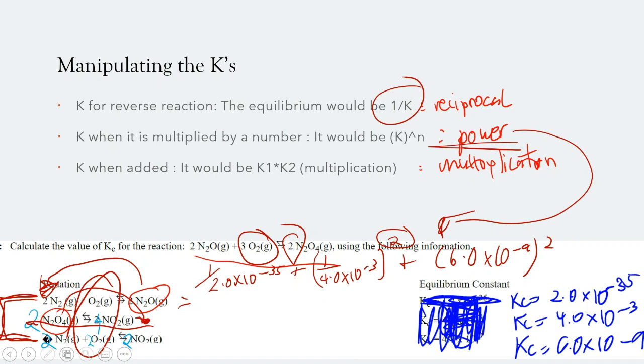So it's going to be 5 times 10 to the 34th. Okay. And then this one is going to be 1 divided by 4.0 times 10 to the negative 3. Then square it.